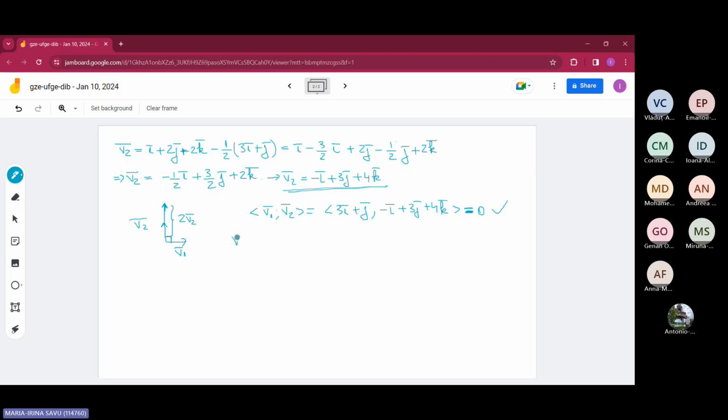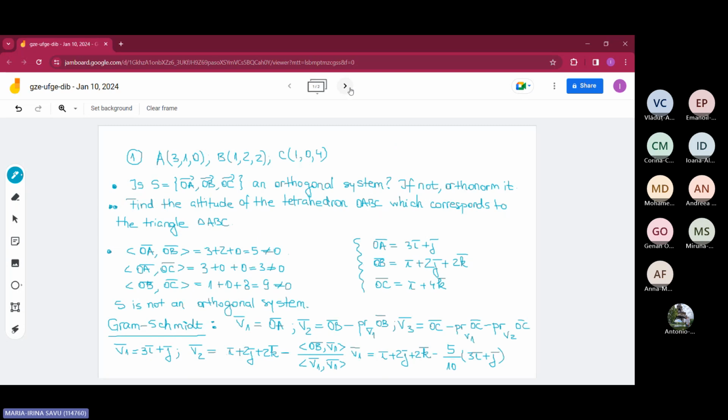Okay, this was V2. Let's see V3. V3 was OC minus the projection of OC onto V1 minus the projection of OC onto V2. And OC was i plus 4k.